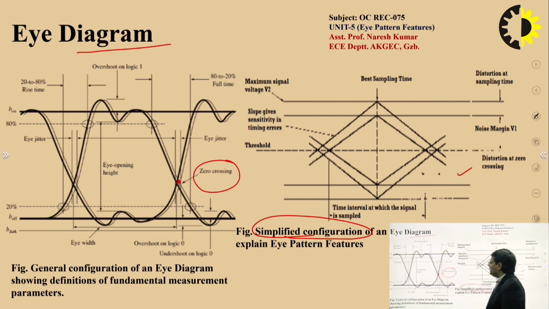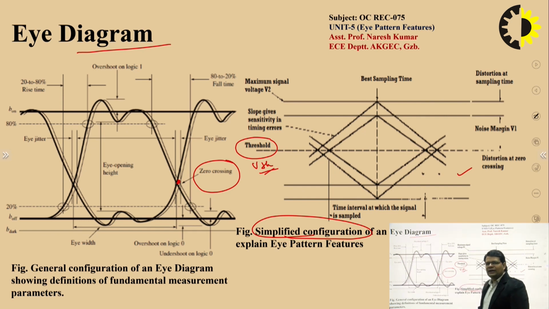So basically this tells us about the threshold point VTH, whether the threshold is less or very high value. We know that in the receiver we have a decision circuit that compares the sample of the received signal magnitude with the threshold.